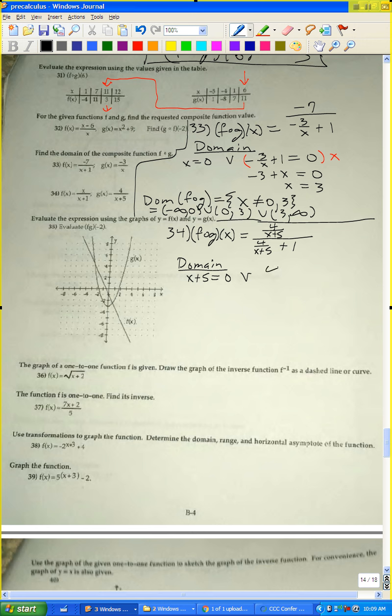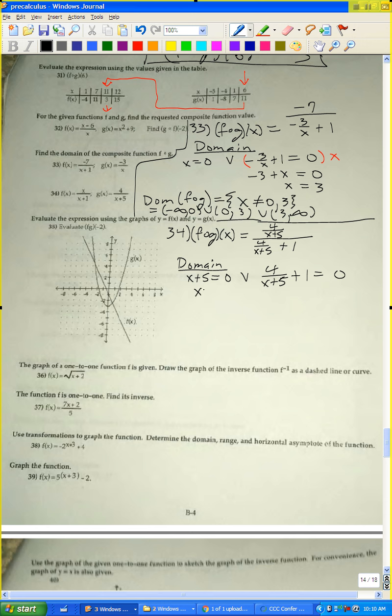And I set the denominator 4 over x plus 5 plus 1 equal to 0. So those are the only denominators we have, even though the x plus 5 occurs more than once as a denominator.